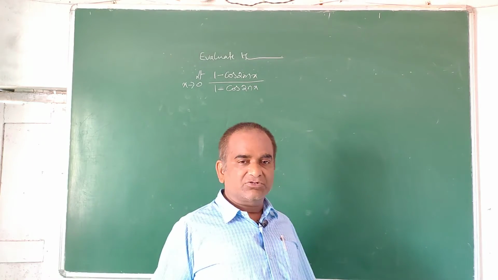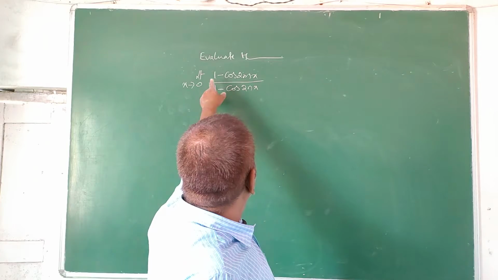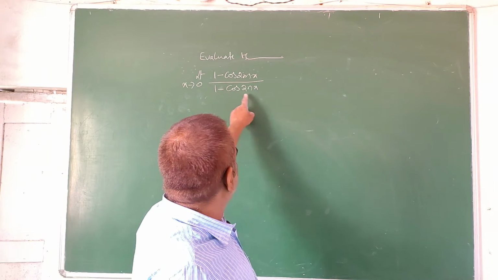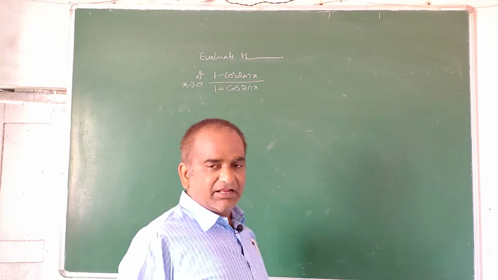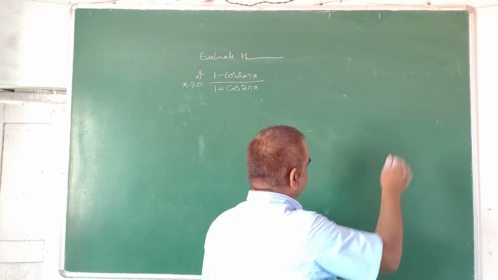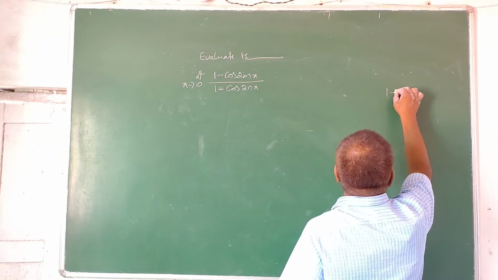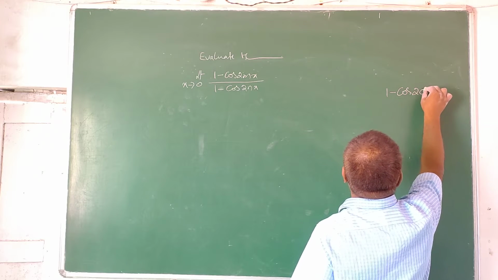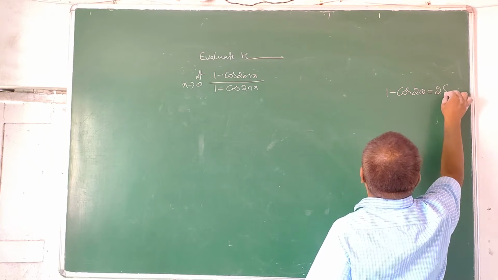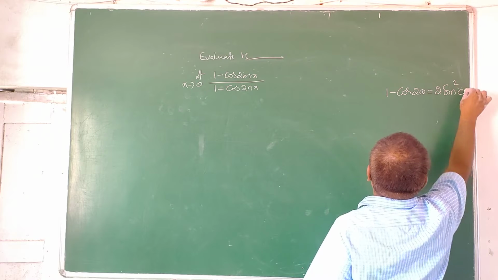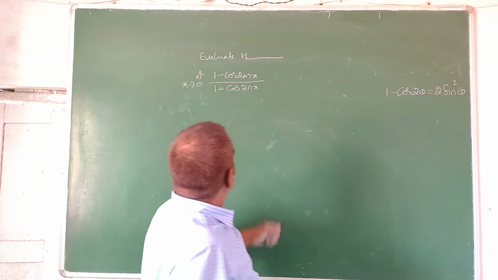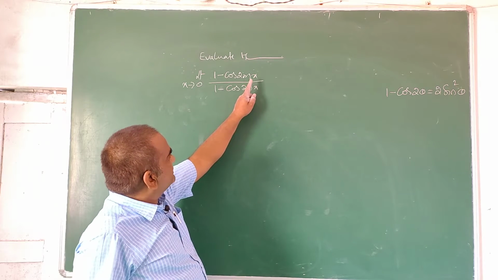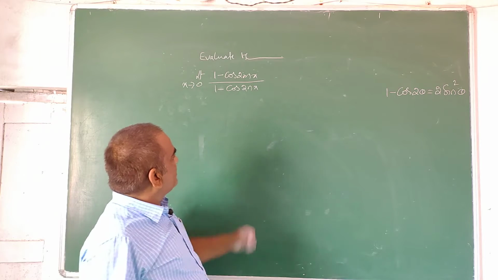So our next question is to evaluate the limit as x tends to 0 of (1 minus cos 2mx) by (1 minus cos 2nx). From trigonometry we have a formula: 1 minus cos 2 theta is equal to 2 sin squared theta. So here mx is playing the role of theta.